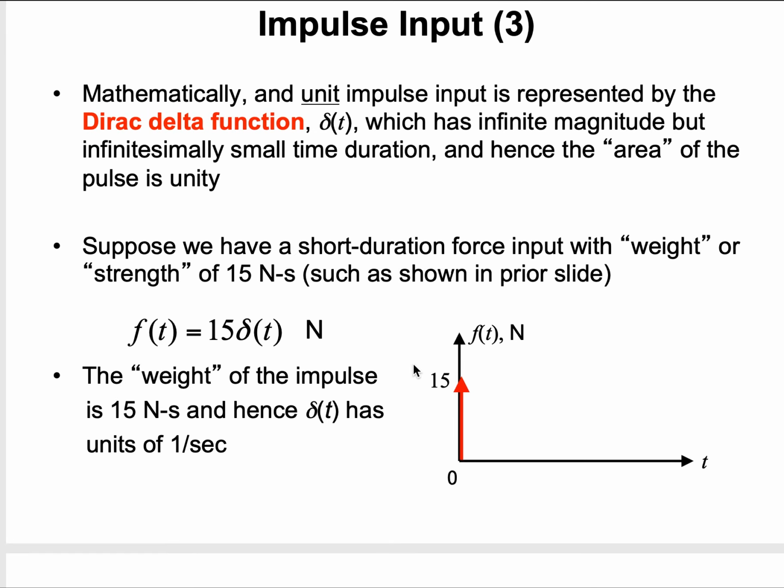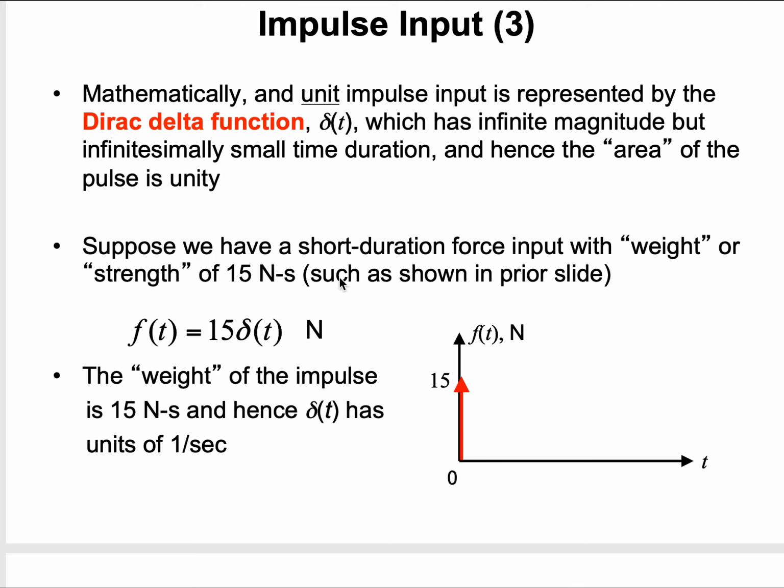We also define a Dirac delta function, a unit impulse represented in nearly 0 time. We show it like that: 15 delta t. 15 delta t means 15 newton seconds applied at a time equal to 0, in 0 time. So that's an imaginary type of impulse actually applied for a duration of 0.